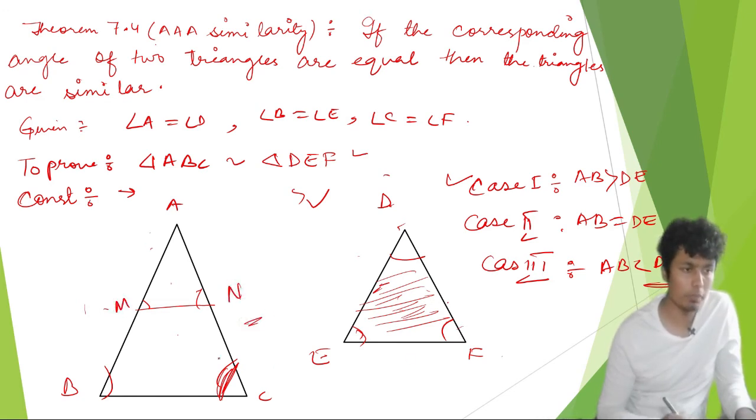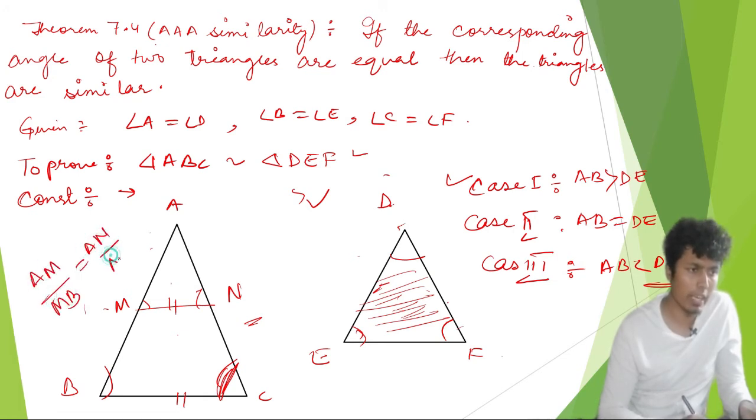is parallel to BC, by the basic proportionality theorem we can say AM by MB is equal to AN by NC. But in the question they are writing it a little bit differently. So how they are writing that one, I'll just show you here.